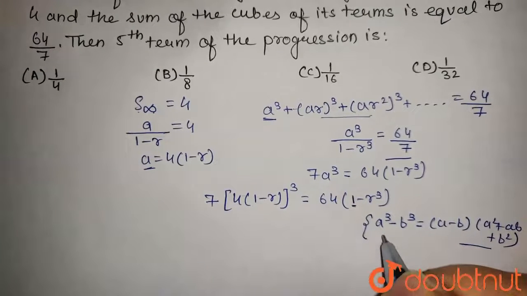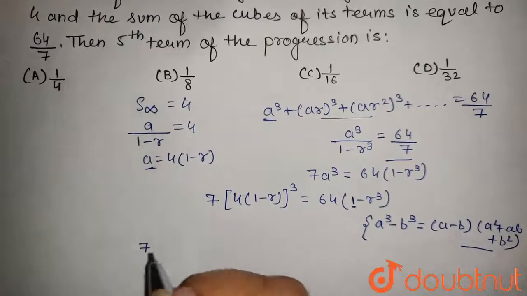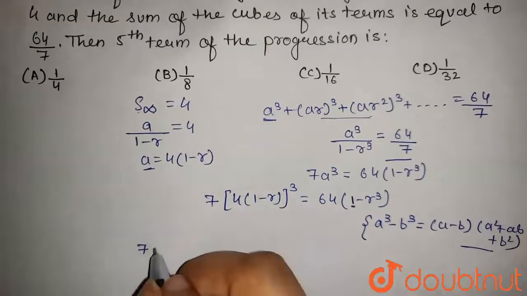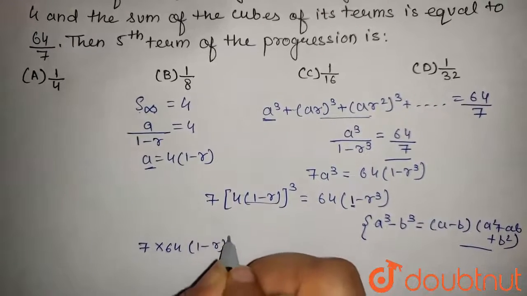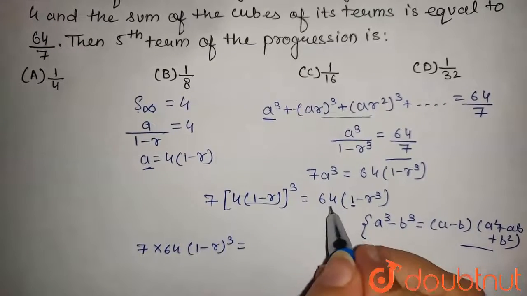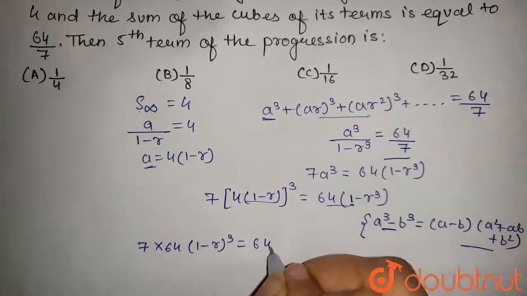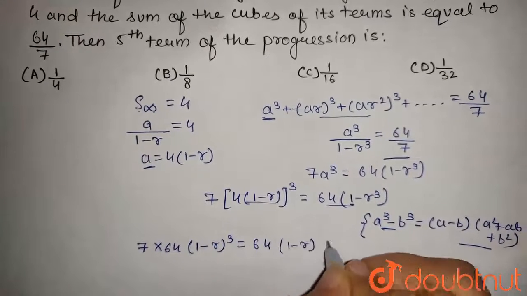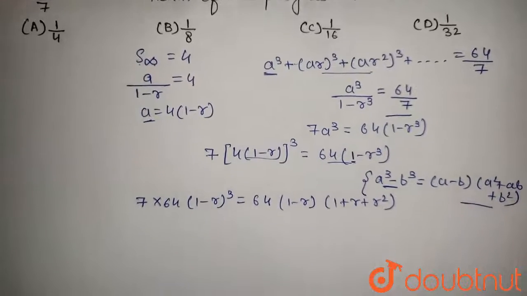By applying this formula here, we get 7 into 4 cube, that is 64, into (1 minus r) cube is equal to 64 into (1 minus r)(1 plus r square plus r).